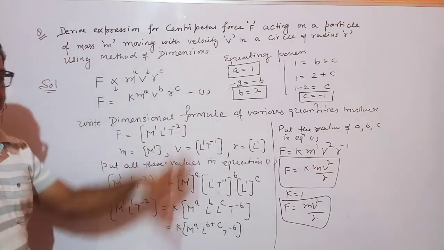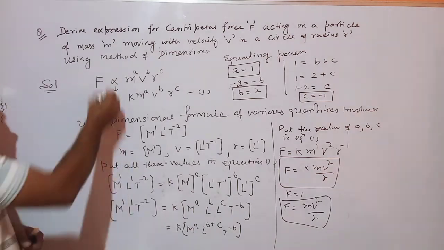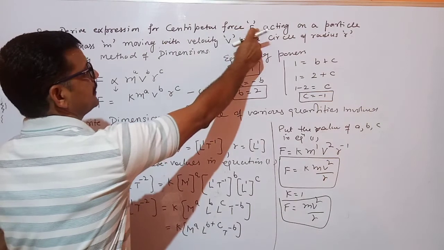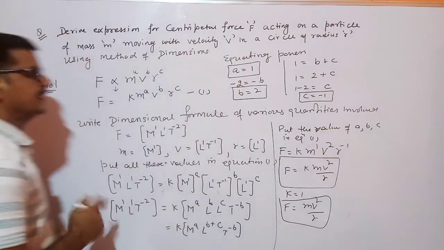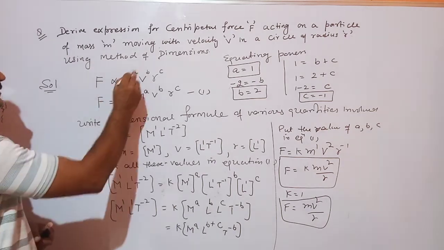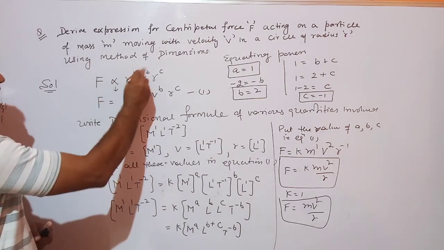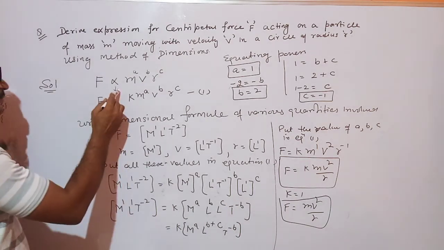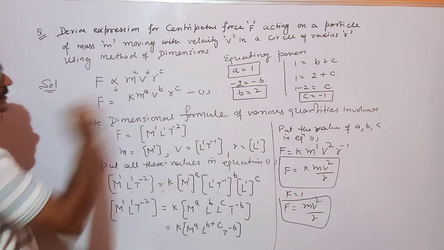What are the steps? Let's revise. First of all, you have to write here what? Force, because you have to find the formula for force, and force is depending upon mass, velocity and radius. Now we put the powers a, b, c because we don't know. Now we remove the proportionality here and we took it k.